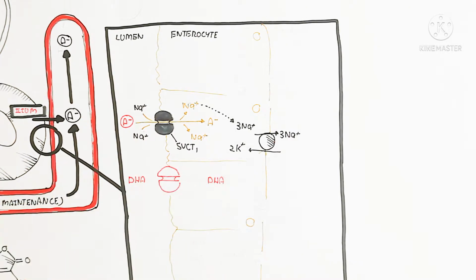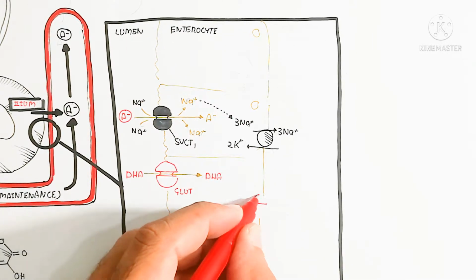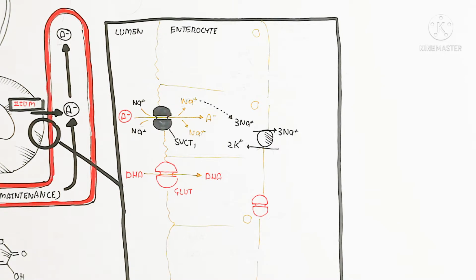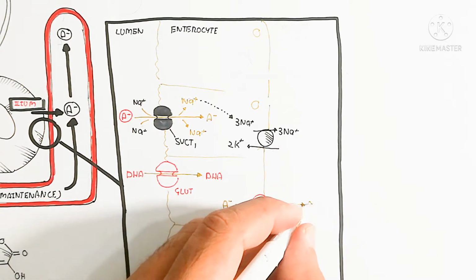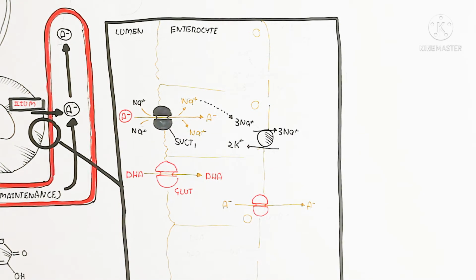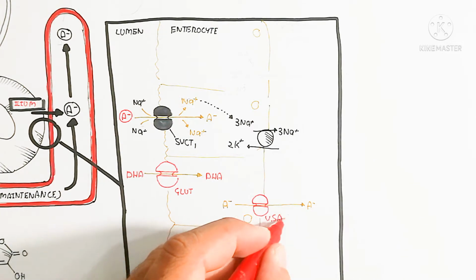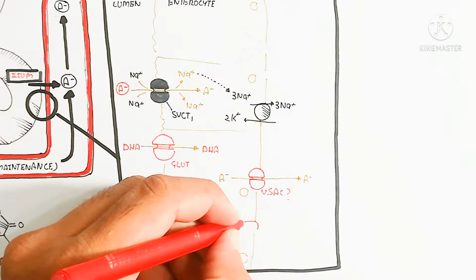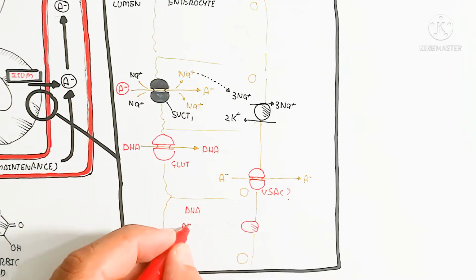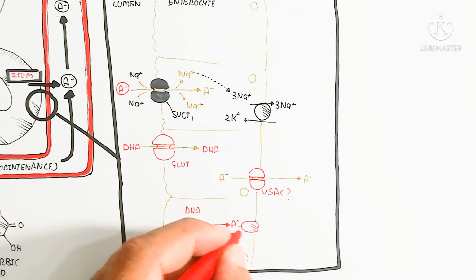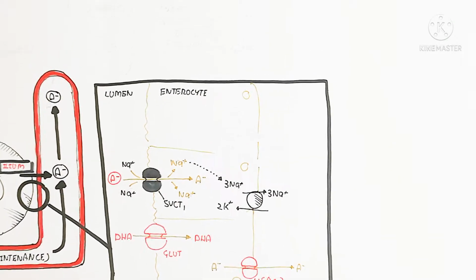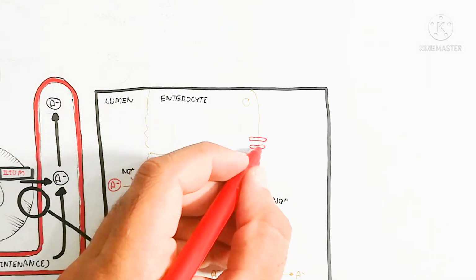In this phase, there is dehydroascorbic acid, the oxidized form of ascorbate, which is also transported through the GLUT transporter channel, because it has a glucose-like structure. That is why the GLUT transporter channel allows it to move in flux. After this, the ascorbate will possibly be moved via the VSAC channel, moving to the extracellular space.